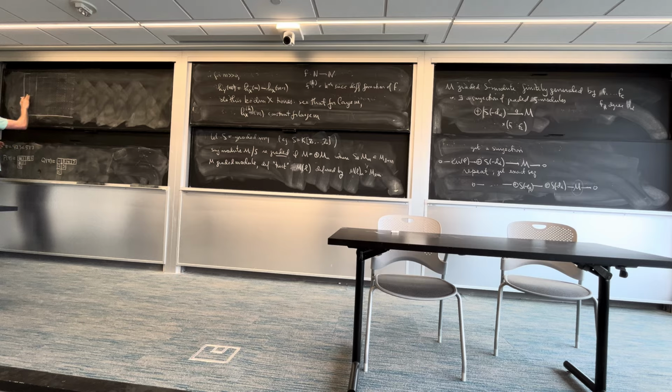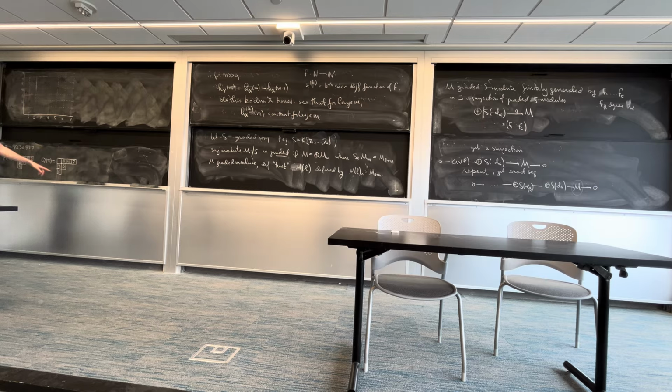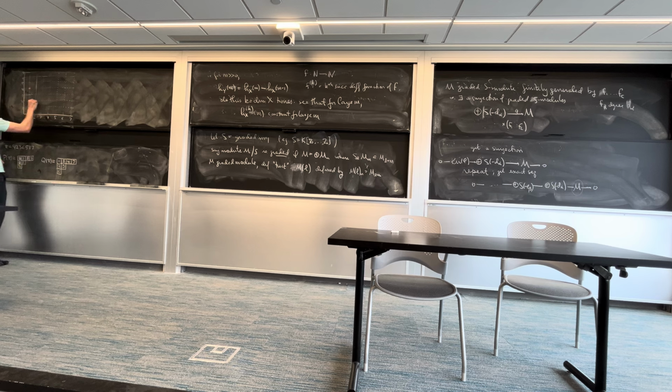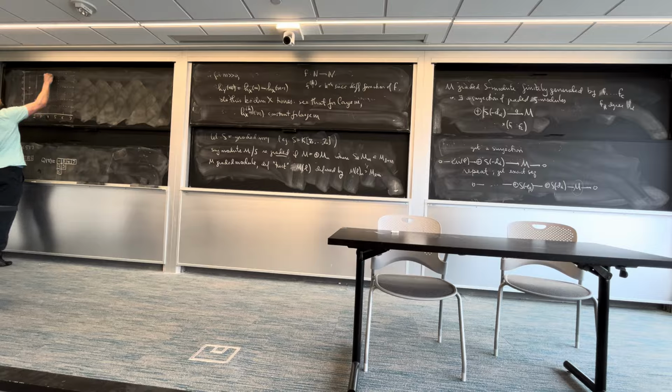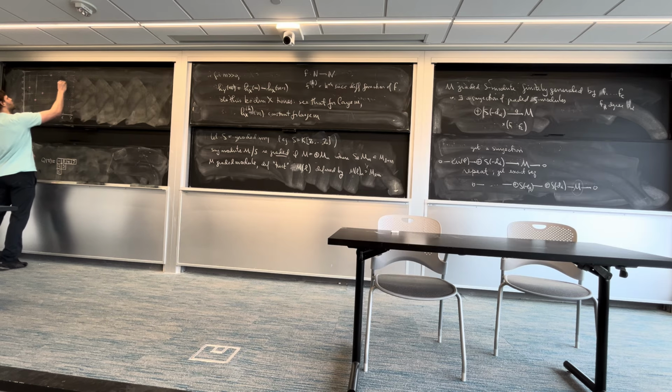So this is 1, 2, 3, 4, 5, 6, 7, and 2, 3, 4, 5, 6, 7. Okay, so I'm going to plot my permutation, which will look like this. So I have 4, 2, 3, 6, 1, 5, 7.